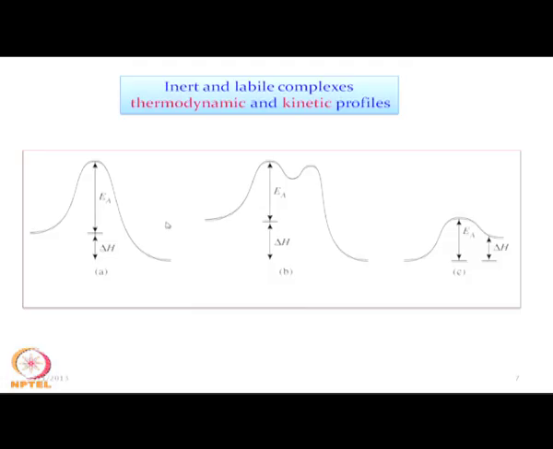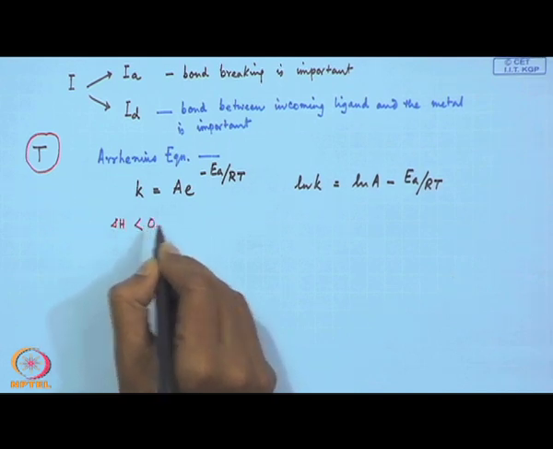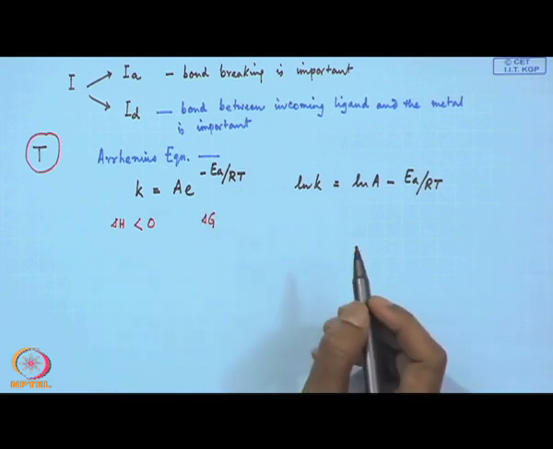So, we can have three different types of these plots depending upon E A, the energy of activation, with respect to the enthalpy of the reaction. If the enthalpy of the reaction is less than 0, we can have a large equilibrium constant, because if delta H is less than 0, we can talk about delta G also.